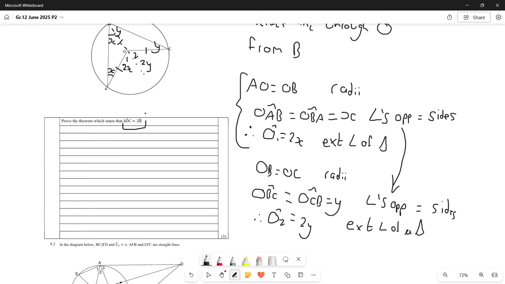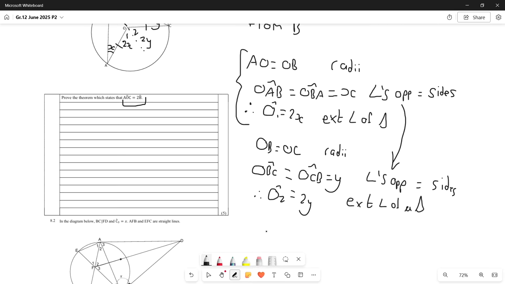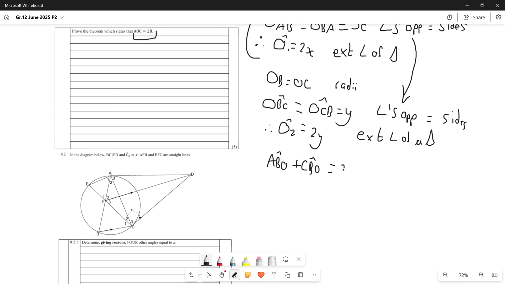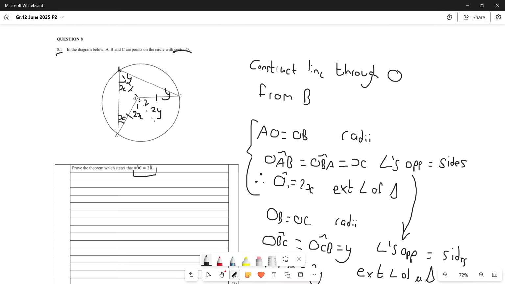Great. We're almost done. We're in the finishing stage where we're just setting up the equation in terms of X and Y, proving that AOC equals 2B because ABO plus CBO equals X plus Y over here. But then we're going to do the same thing here, that AOC equals 2x plus 2y.